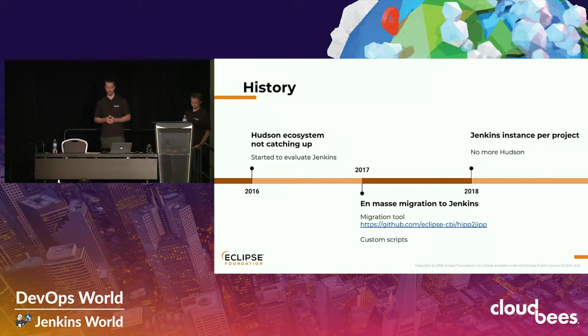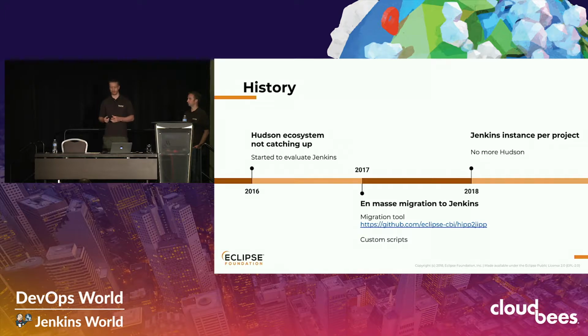And then we looked at ways to migrate from Hudson to Jenkins, which led to a little migration tool that we built, and that basically just transformed the configuration files from Hudson to Jenkins, because in those years there were some changes made, and so this had to be changed.